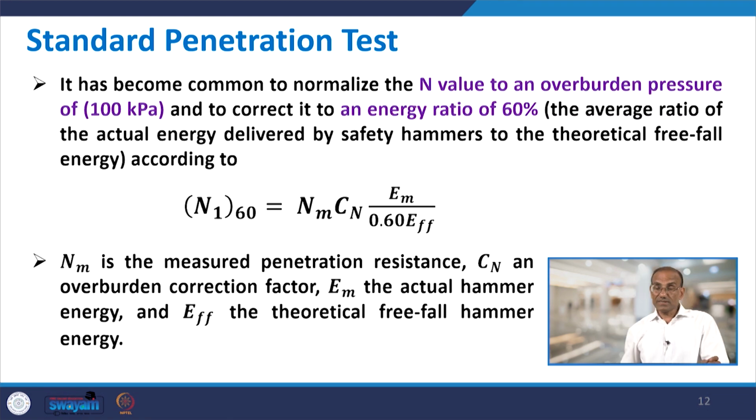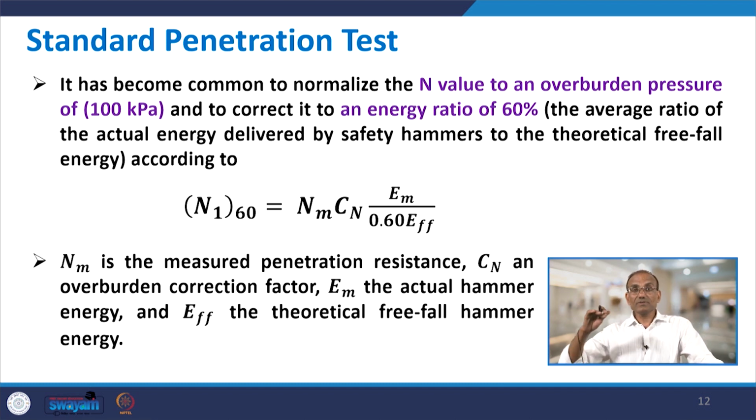Now, continuing with this, the data which you get from the SPT requires some corrections for different purposes, and it is very common to normalize the N values to an overburden pressure of 100 kilopascal, because the overburden pressure in the field will be different, particularly at different depths.